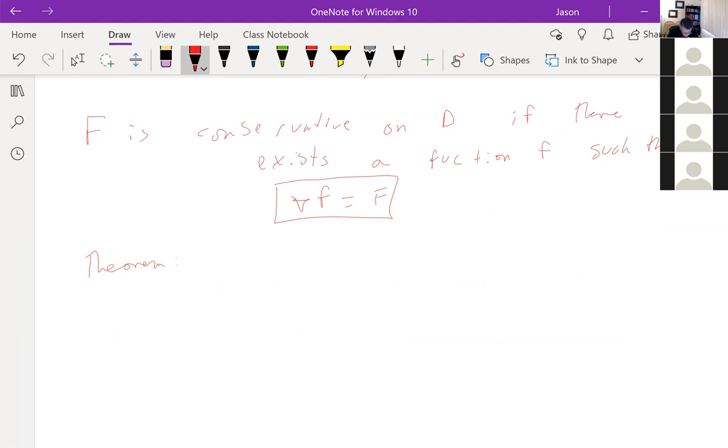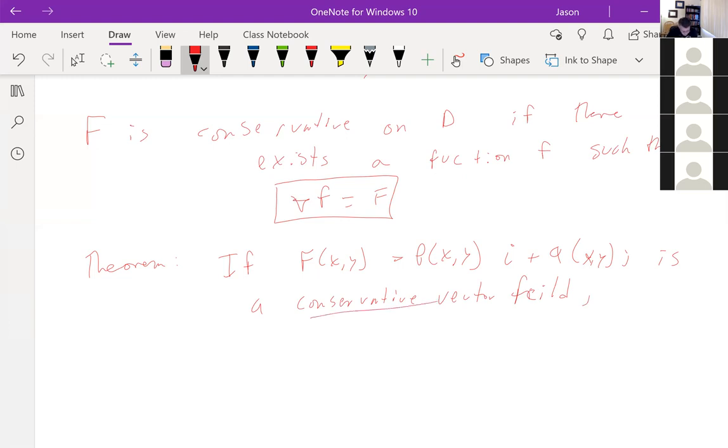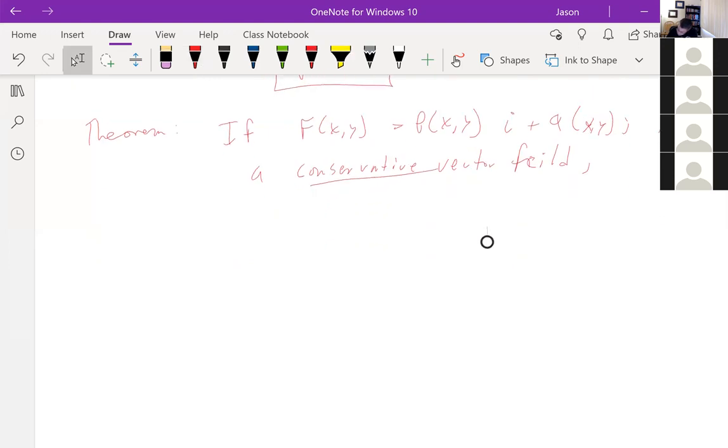Another theorem: if F(x,y) equals P(x,y) i plus Q(x,y) j is a conservative vector field, then we have this is the case.